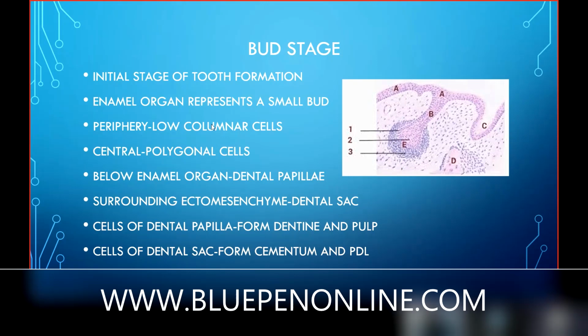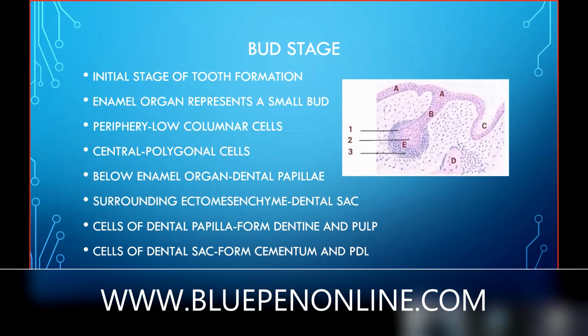Below the enamel organ, this part is called dental papilla. The area around all this is called dental follicle. Dental papilla leads to formation of dentine and pulp.